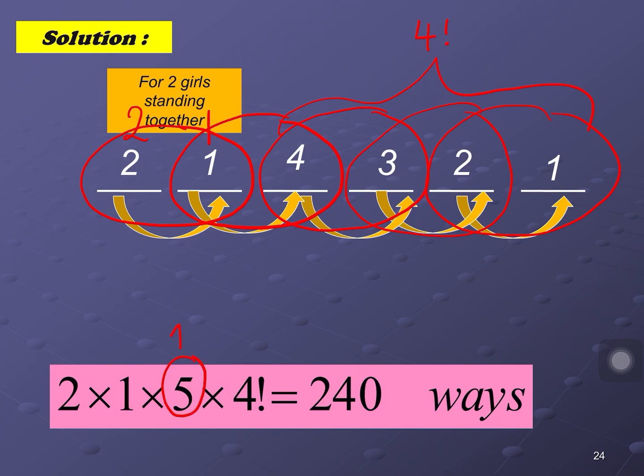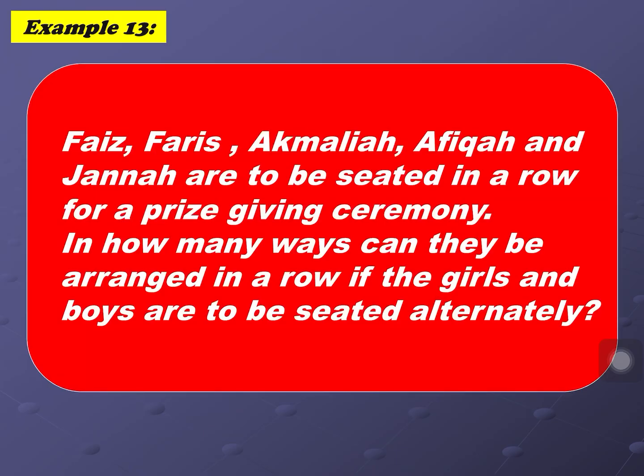So you will get 2 times 1 times 5. 5 is the number of ways the girls stand. 4 factorial is the number of ways the boys are arranged. So there are 240 ways.